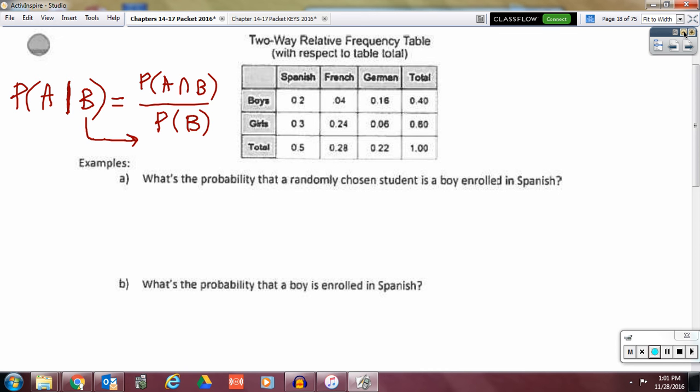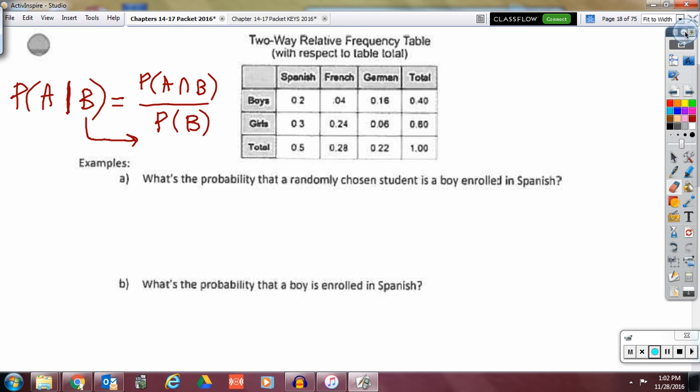Example A. What's the probability that a randomly chosen student is a boy enrolled in Spanish? We have this table of boys and girls in Spanish, French, and German. So we want to know the probability that a randomly chosen student is a boy enrolled in Spanish.